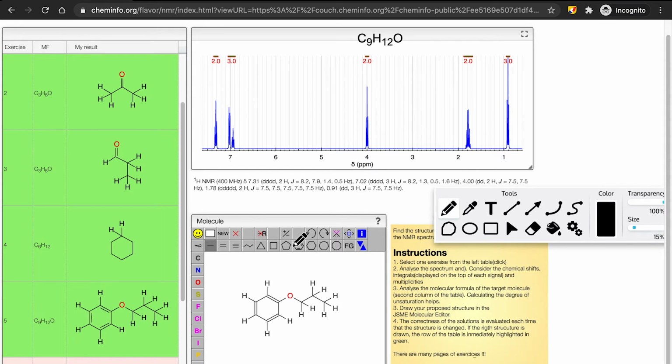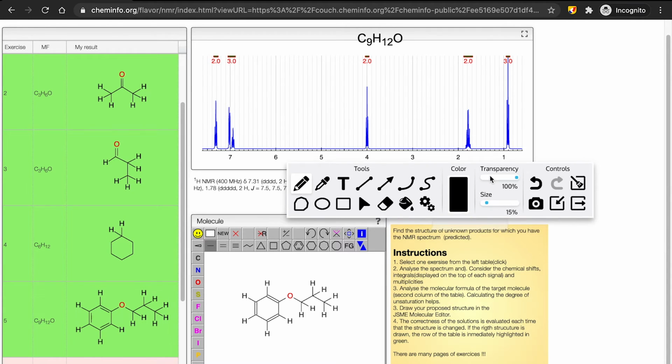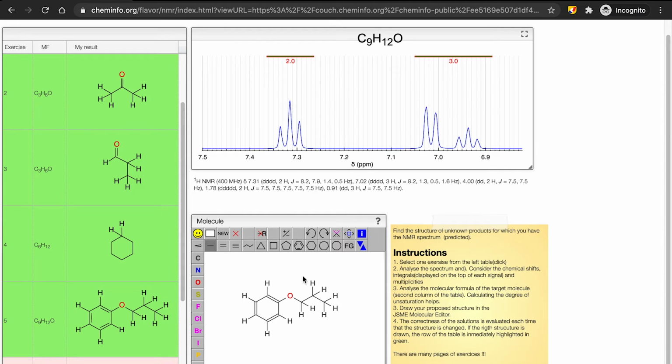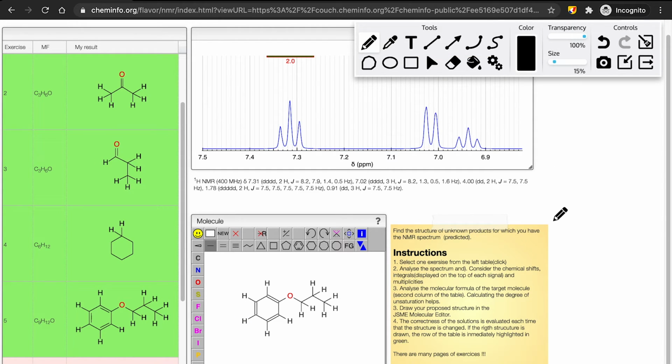So let's just start with the aromatic region, because I think that's going to be the most complex. So let me exit out of here real quick, and we'll zoom in so we can see the aromatic region. So we're just focusing on the 3 types of hydrogen in the aromatic region. Okay, so these 3. As you can see, they integrate to 5, and we have 5 protons here, so it makes sense. Let's pull up the drawing tool.